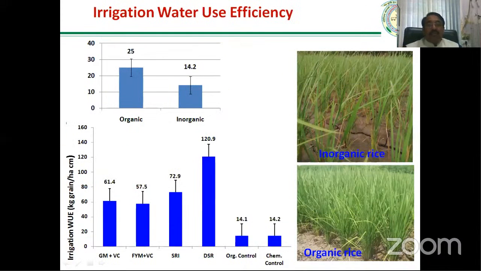Then if we see how it is sustainable in water, in terms of reduction of water use or water productivity: the organic field has high water holding capacity.